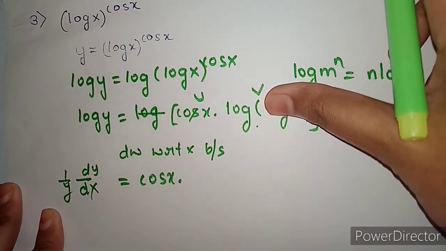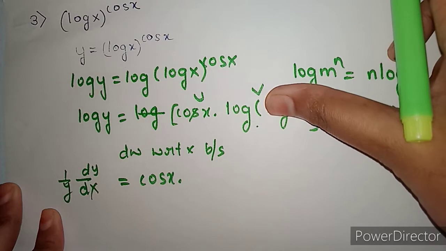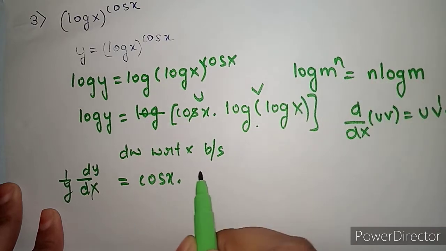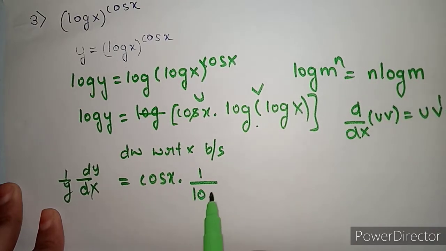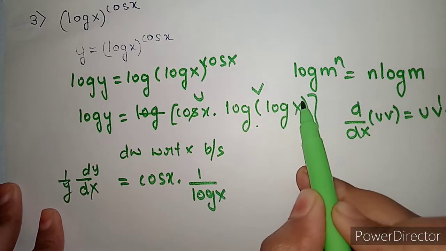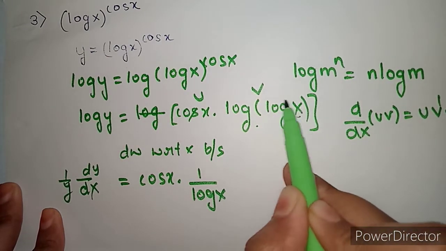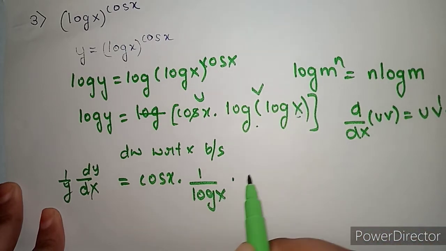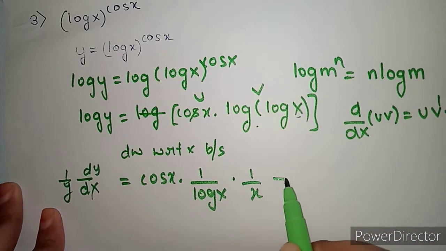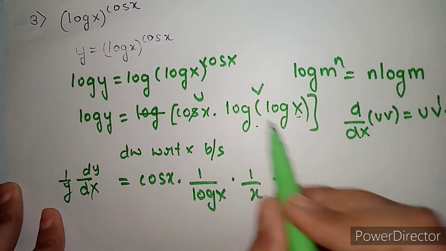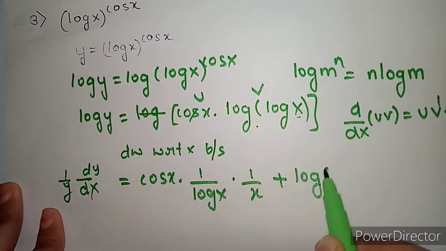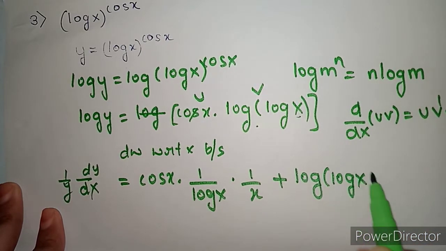Differentiation of log x is 1 over x, but in the place of x I have log x, so 1 over log x, and we need to differentiate this log x. So differentiation of log x is 1 over x. Next, plus v. What is v? Log of log x.